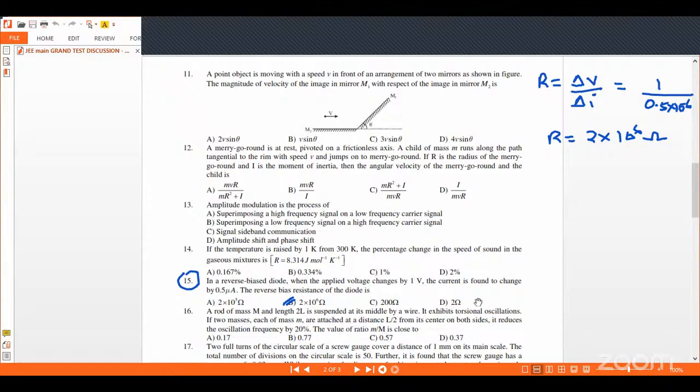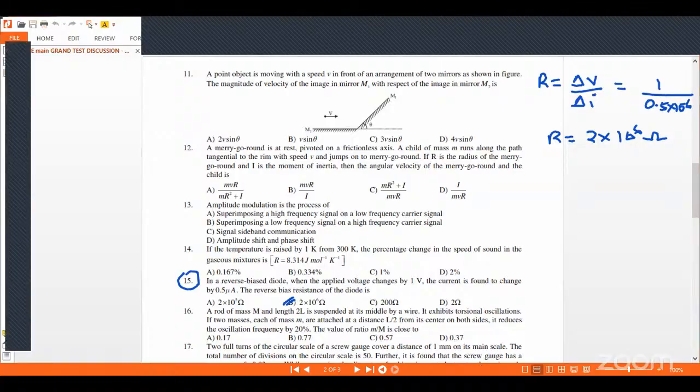A rod of mass capital M and length 2L is suspended at its midpoint by a wire. It exhibits torsional oscillations. If two masses, each of mass small m, are attached at a distance L by 2 from the center on both sides, it reduces the oscillation frequency by 20%.